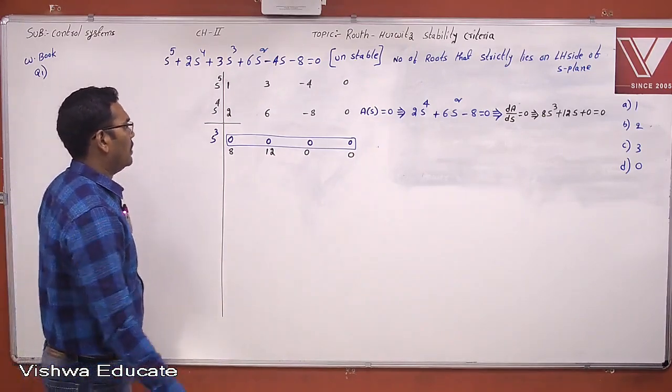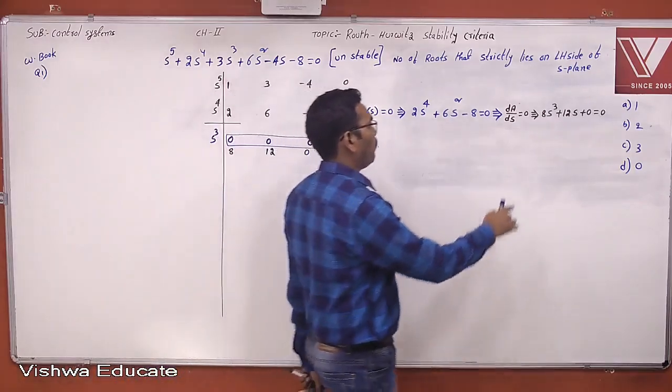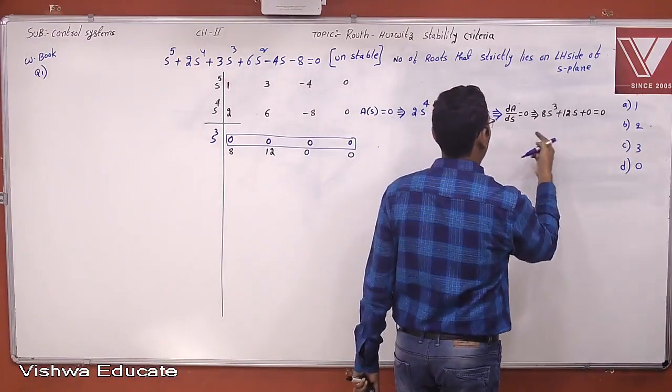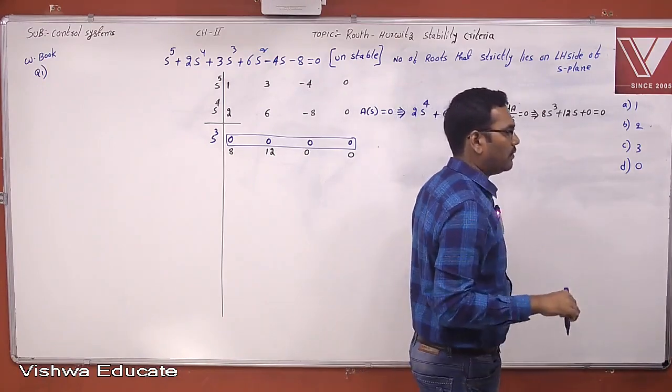Now see here, this is the differentiation of the auxiliary equation.